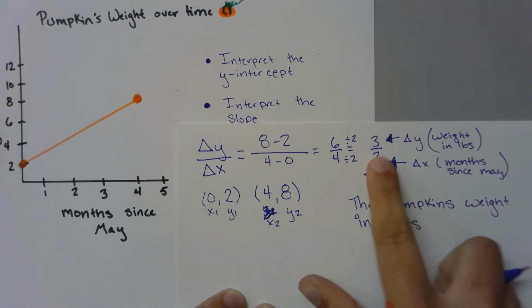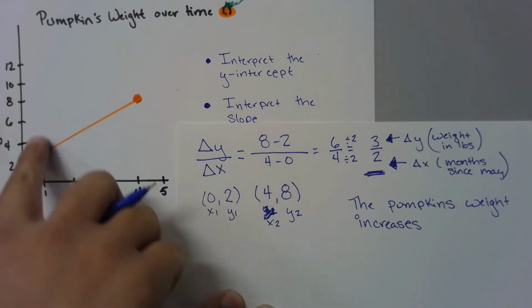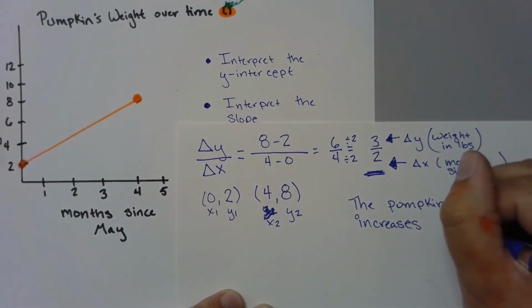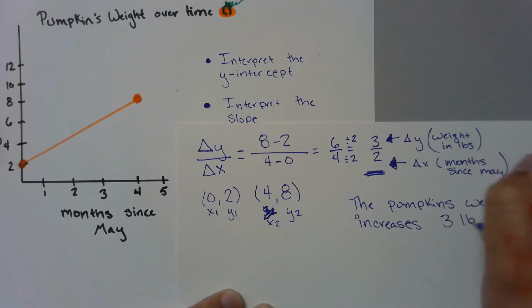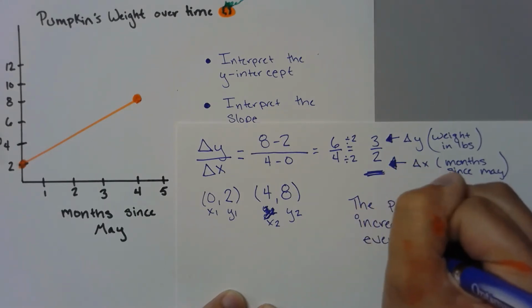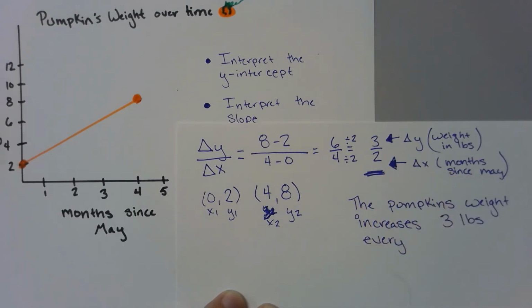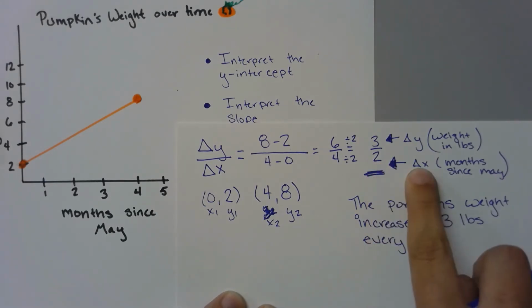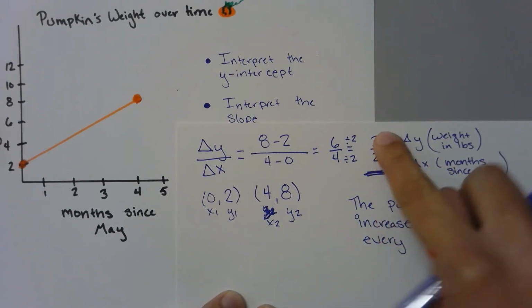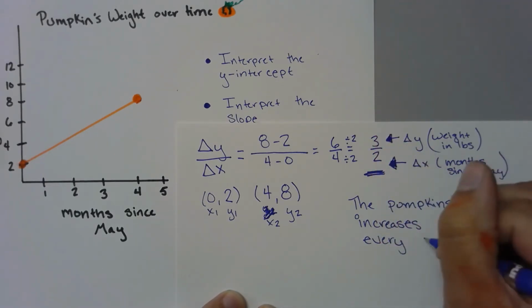So if it's positive 3, that means it's going up 3. That means my weight has gone up 3. It's increased 3 pounds every. And then I take a look at this and I say, well, 2, change in x, talks about months. So it's 3 pounds every 2 months.